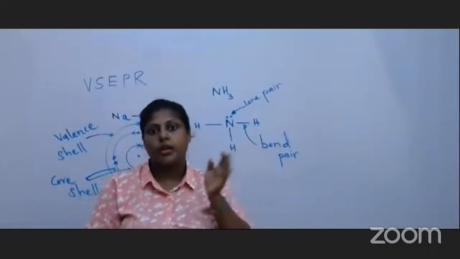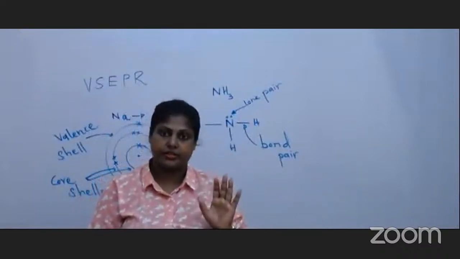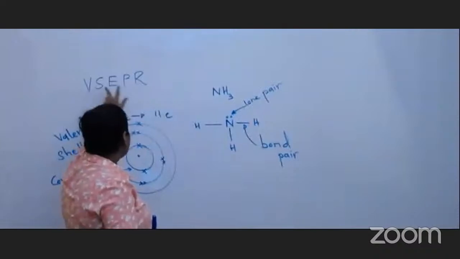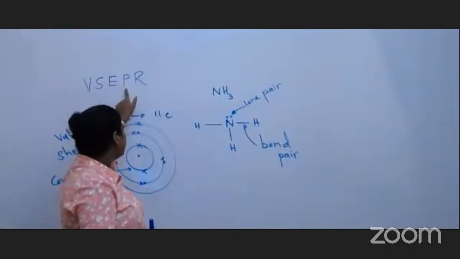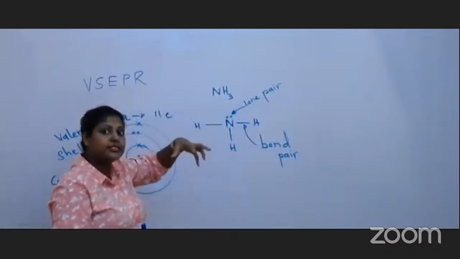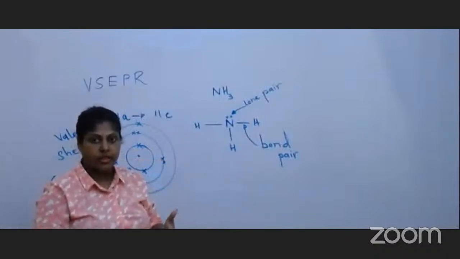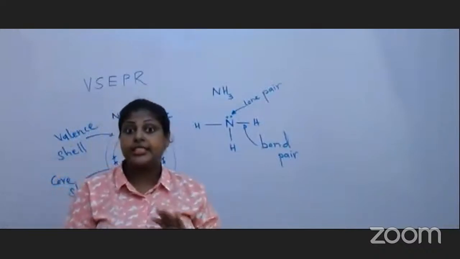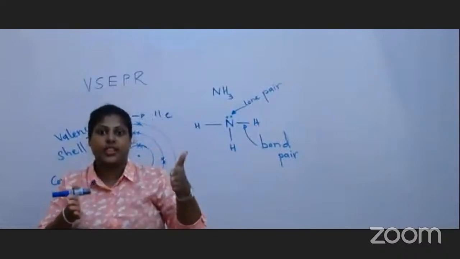A molecule has bonded electrons as well as freely available electrons. Therefore, valence shell electron pair repulsion: between electrons there is repulsion because electrons are negatively charged particles, therefore they repel each other.